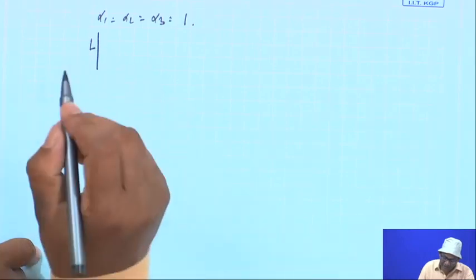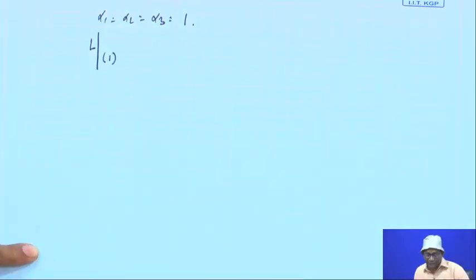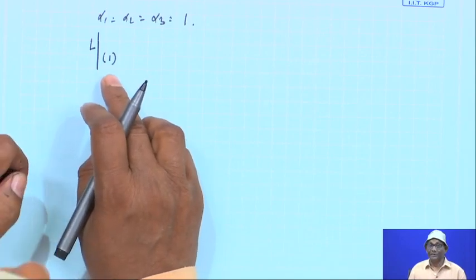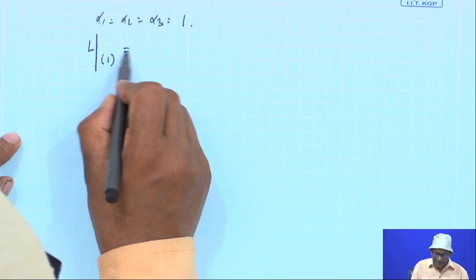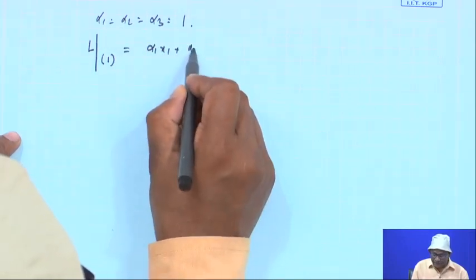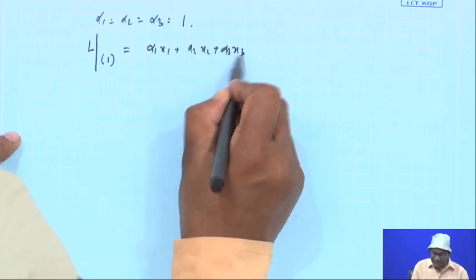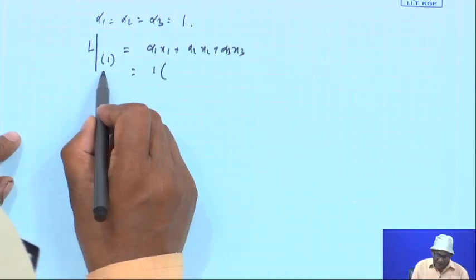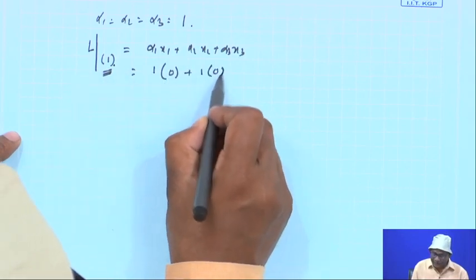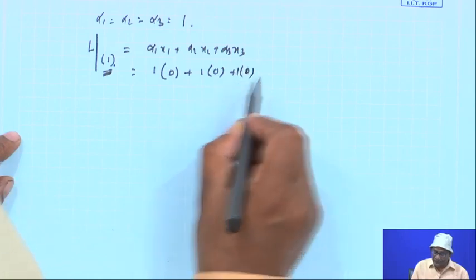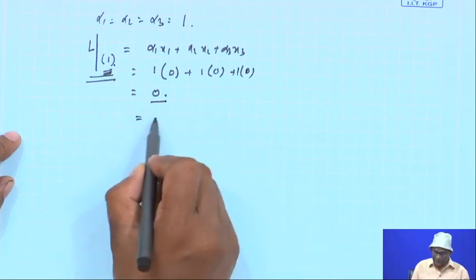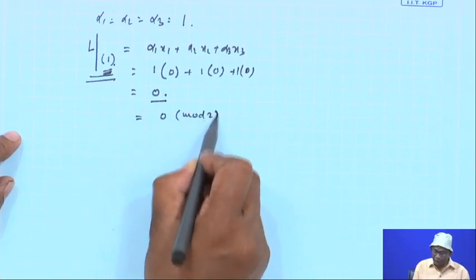If I want to find out in which block treatment combination 1 will be run, it is written like this: alpha 1 x 1 plus alpha 2 x 2 plus alpha 3 x 3. In treatment combination 1, all are at low level, so 1 into 0 plus 1 into 0 plus 1 into 0, which gives you 0 value. Its equivalent write-up is 0 mod 2.